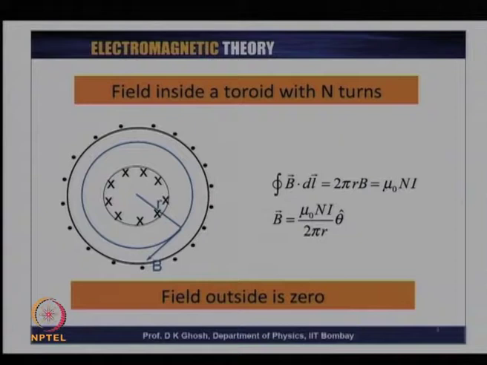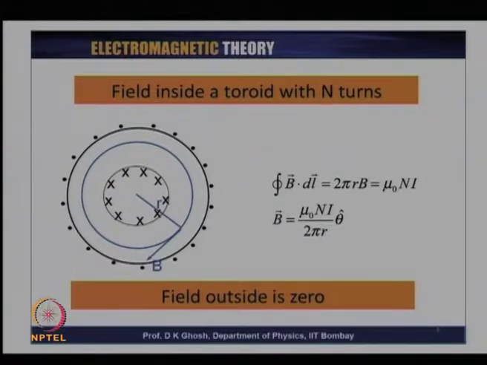The other important geometry that one talks about is a toroid, and as you know a toroid looks very much like a donut, and so what you find here is current which in this particular case is going in through this edge and is coming out from there. And what you can do is this, that supposing you took a circle of radius, let us say, r, by symmetry the magnitude of the magnetic field everywhere will be the same and the direction will be tangent to the circle.